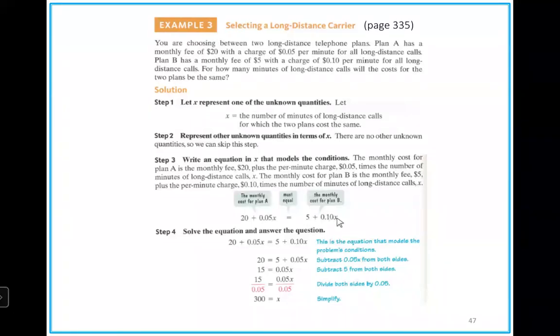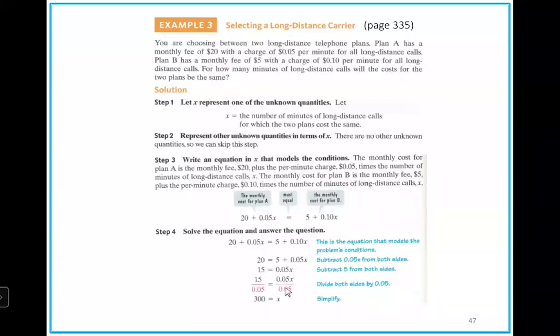0.10x. So we have plan A on one side, plan B on the other side, and we simply solve to find x. And right here, based on the calculations that are shown, it would take 300 minutes before the two plans actually cost the same.